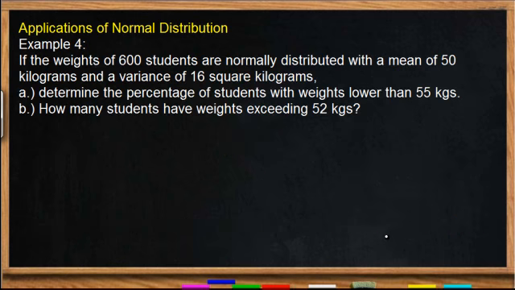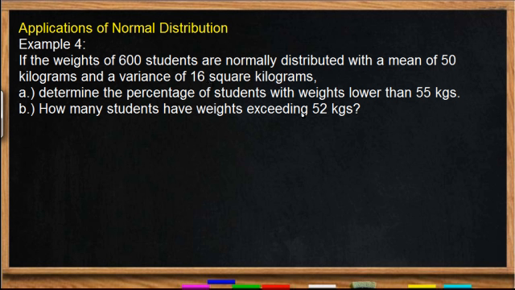Example 4. If the weights of 600 students are normally distributed, assuming their weights are normally distributed, meaning some are heavy and some are light, so the number of heavy equals the number of light. They are normally distributed with a mean of 50 kilograms and a variance of 16 square kilograms.